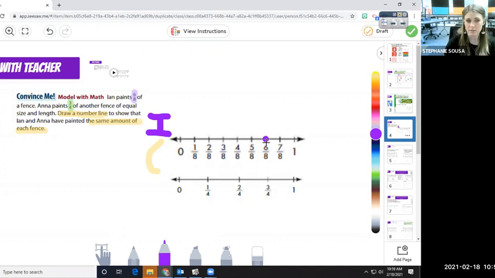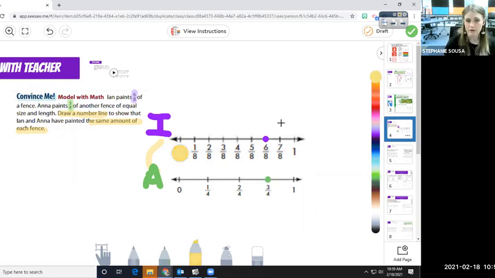There's Ian. Boom, right there. Anna, I highlighted in green, so I will change it to green so that it's easy for my brain to see the difference. Anna painted 3/4: 0, 1/4, 2/4, 3/4. Boom.